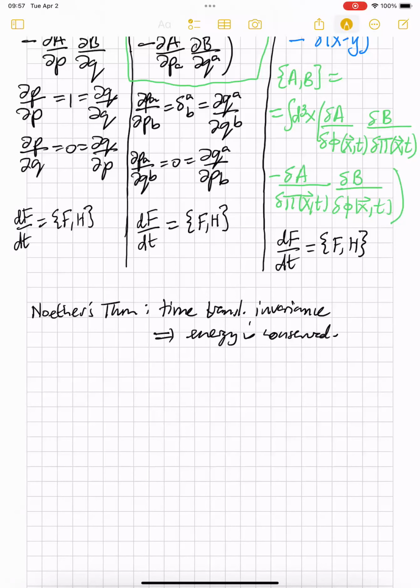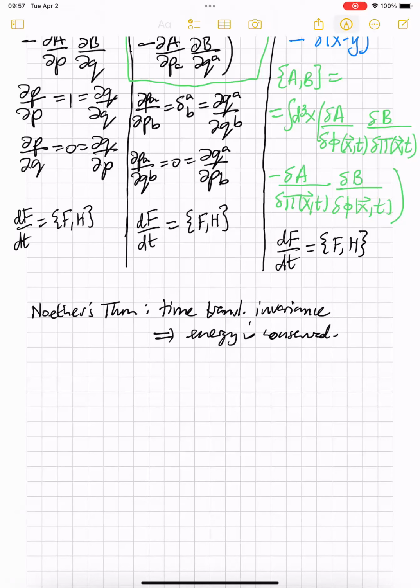And as we said, this fact that time translation invariance implies energy is conserved is true in mechanics of one particle, mechanics of many particles, in field theory, in quantum mechanics, in quantum field theory. So it's a rather general statement. And that's what's going on. That's why this dynamical equation looks the same for the three theories.